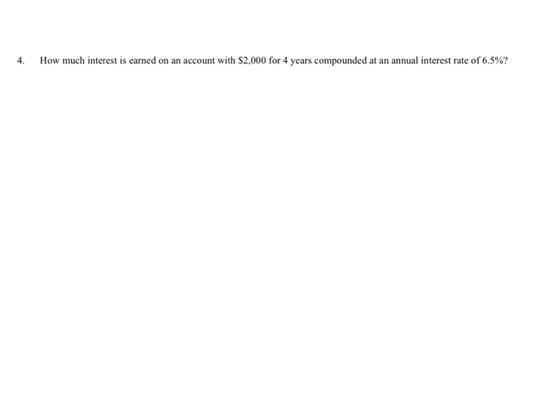How much interest is earned on an account with $2,000 for 4 years compounded at an annual interest rate of 6.5%? The formula for compounded interest is the principal times 1 plus the rate to the power of time in years.